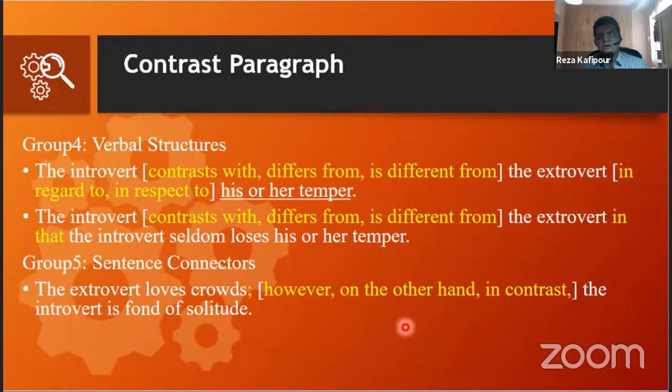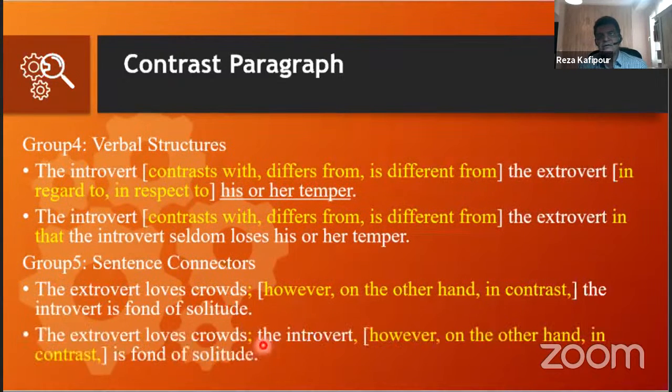Another choice: we discussed that sentence connectors may even appear in the middle of the second sentence, after its subject. See, we may rewrite the same sentence with the connector in this form.